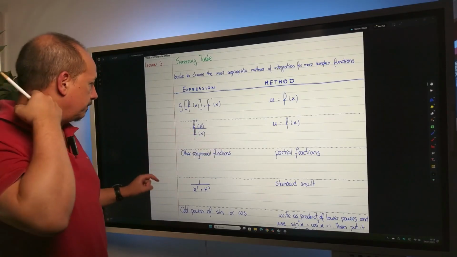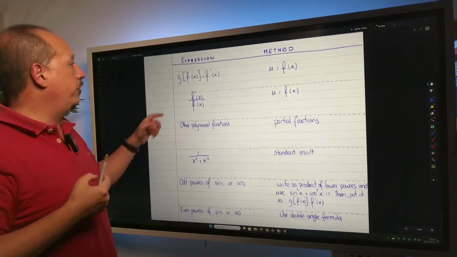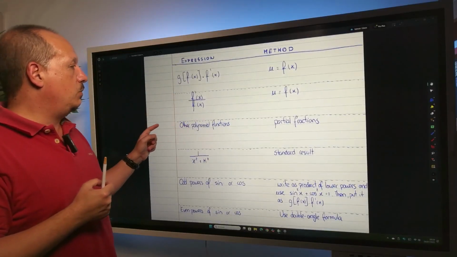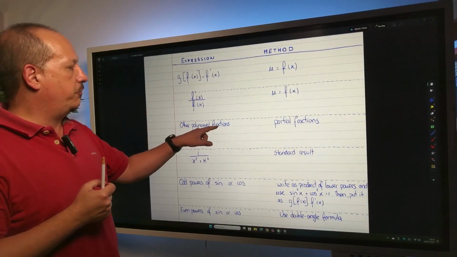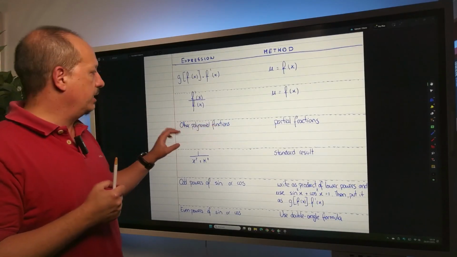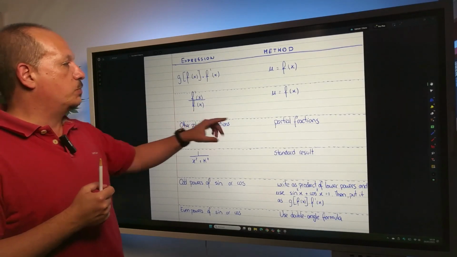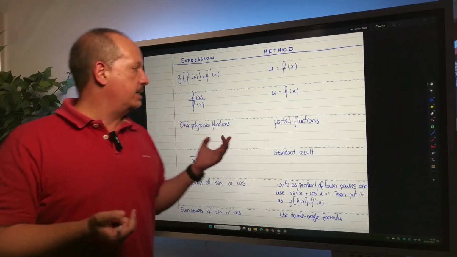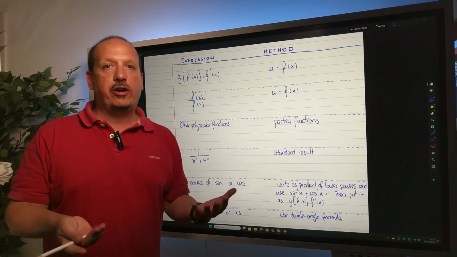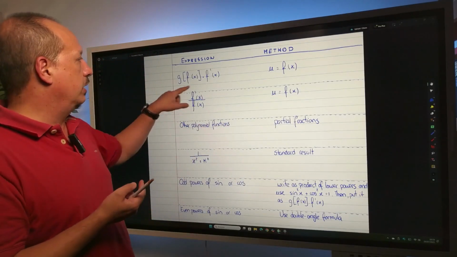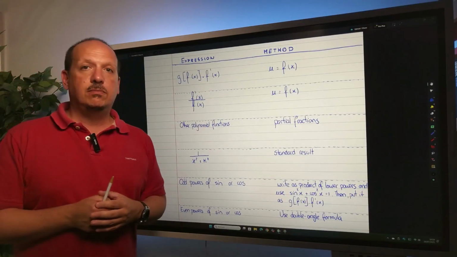For other polynomial fractions, you can use partial fractions. In other words, break it down into simpler functions that then eventually will fall into this situation.